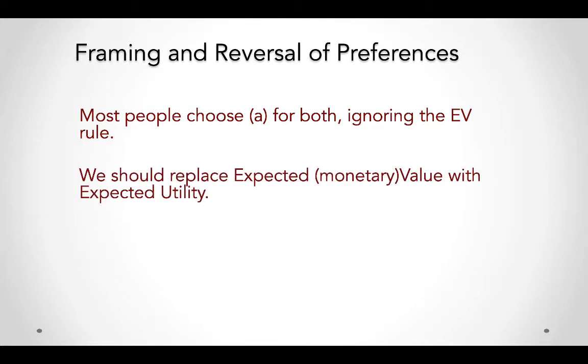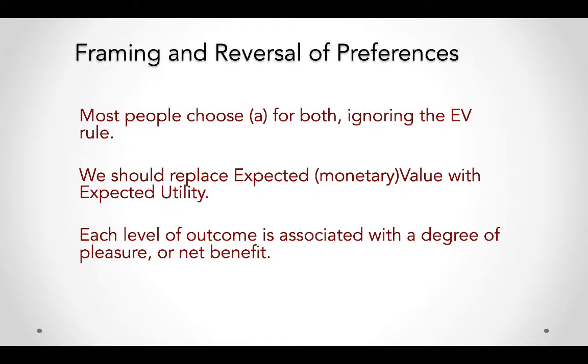So let's move on. We should really replace, in behavioral economics, the expected monetary value with a different name called expected utility. Utility is the pleasure I get, the happiness, but we call it utility.